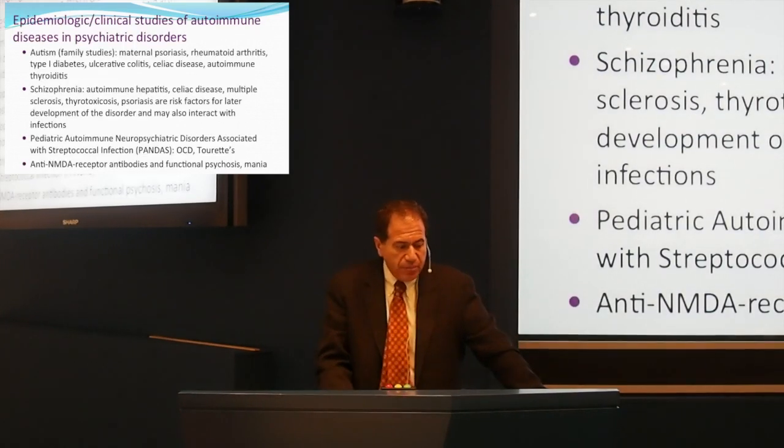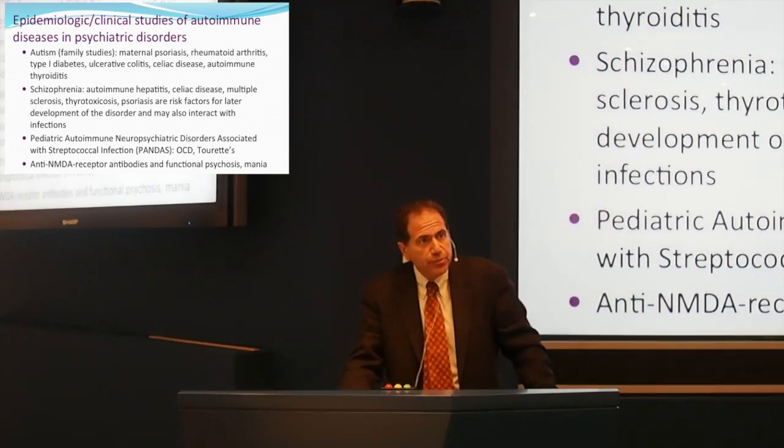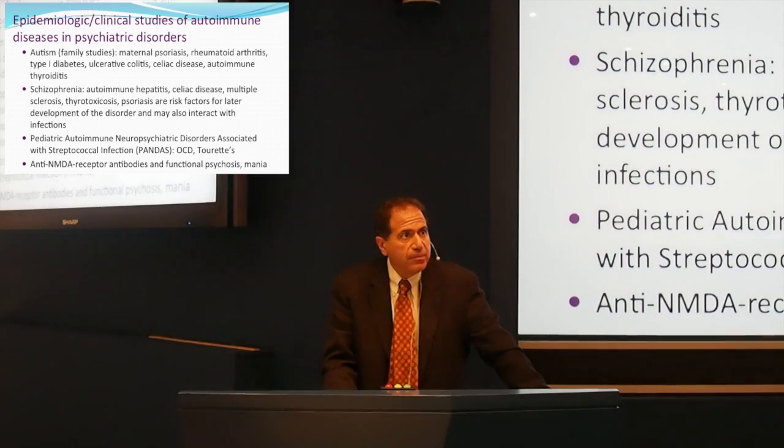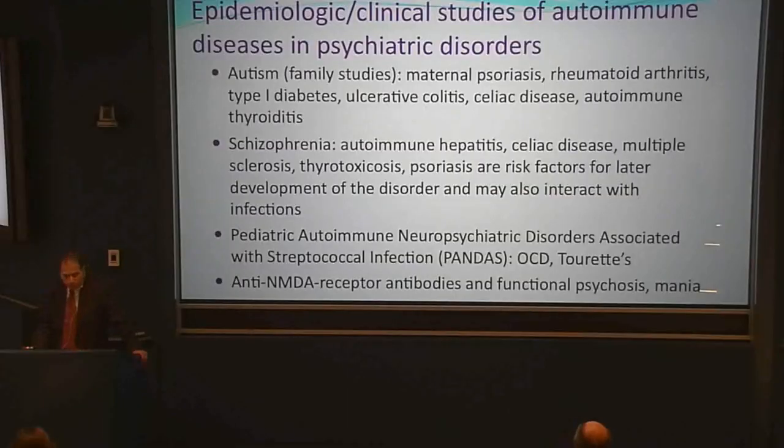So there have been, as Betty alluded to, a number of associations of autism in epidemiologic studies, including Denmark, but also other countries, with autoimmune disorders, and these seem to be more common in mothers than in fathers. There are also associations of schizophrenia with autoimmune disturbances, and interesting evidence that these autoimmune disorders may interact with infections in increasing risk of schizophrenia.